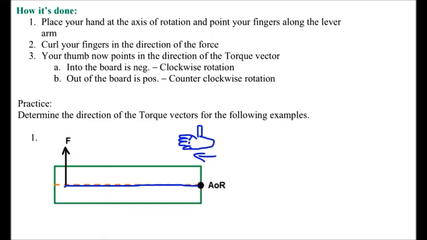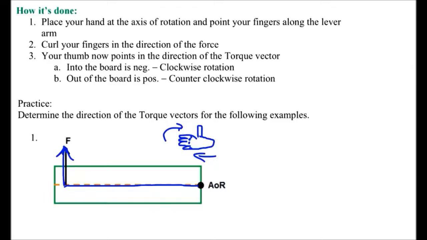I can't curl my fingers in this direction because I would break my knuckles. So what you're actually going to have to do is turn your hand upside down. Then you can curl your fingers as they normally would in the direction of this force vector. Now, when you do that, your thumb will be pointing in the direction of the torque vector.